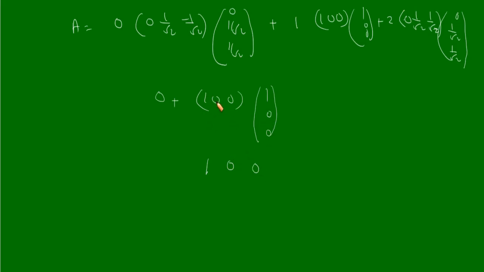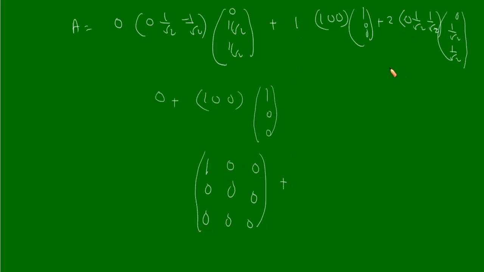Next, 0 into 1, that is 0, then 0 into 0, 0, 0 into 0, 0. Then from this, 0 into 1, that is 0, then 0 into 0 is 0, 0 into 0, again 0. So this will be the product. Now that into 1, so this will be the result.